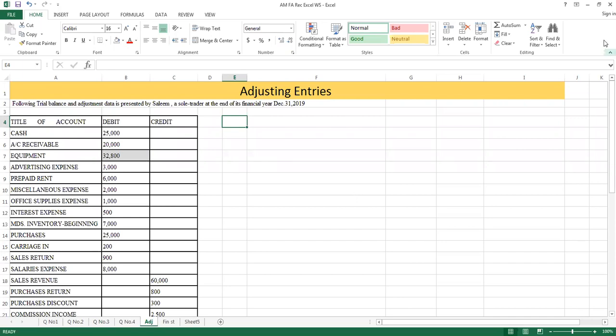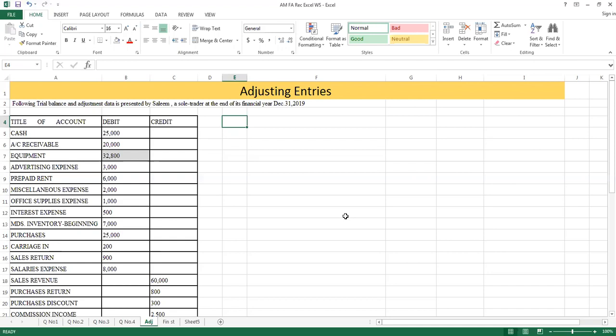I have already given you one basic introduction of adjusting entries. If you revisit my previous lecture on adjusting entries, in that lecture I covered the concept of adjustment that we need at the end of the year. And secondly, I covered two basic concepts.